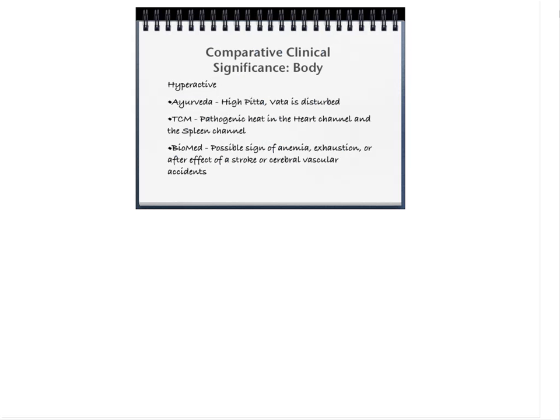You might also see red dots on the tongue, which we consider hyperactive. There's too much activity going on in that portion. So if you have a lot of red dots on a red tongue, it means Pitta has gone to Rasa dhatu, and Vata is fanning that flame as well.